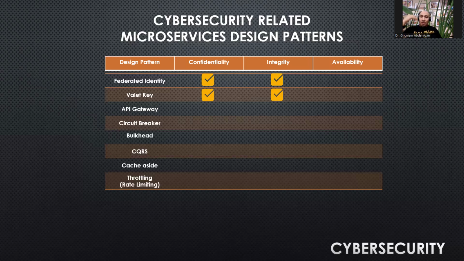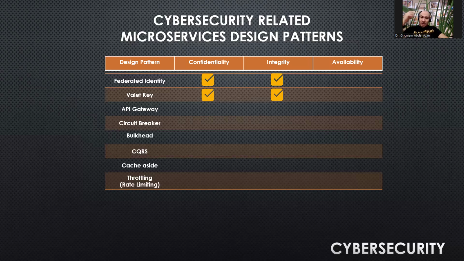Upon that, you are also increasing the confidentiality and the integrity, which can be considered part of the federated identity. But the federated identity is about the unification of the identity management, while the valet key is about the incoming requests and how you will utilize the token generated by the federated identity management.